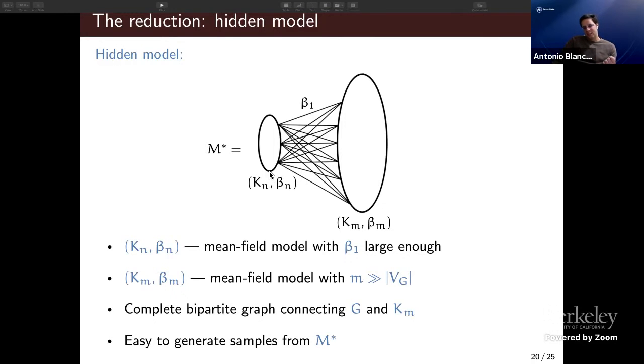And the other thing is that this model is always going to be monochromatic, and in particular, when this big graph here is monochromatic, this one is going to align. So it's exactly the same, except that we put a complete graph here.